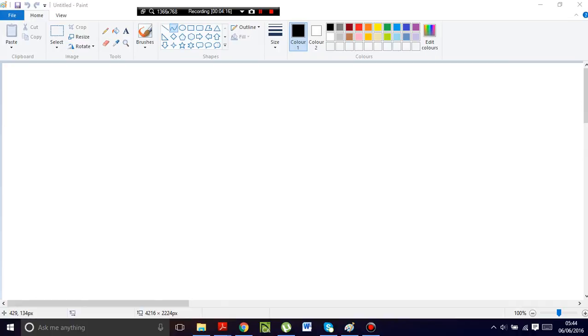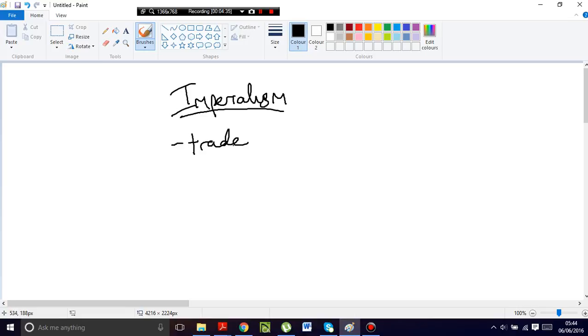So, imperialism tightened links between the world's societies. It encouraged trade between dominant states and their overseas colonies.